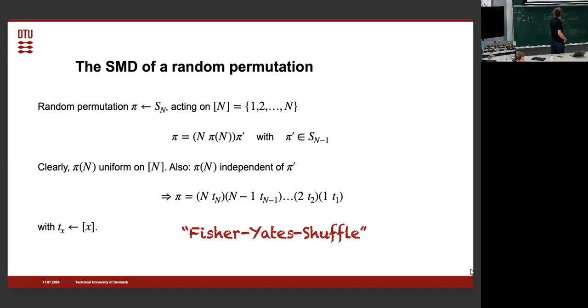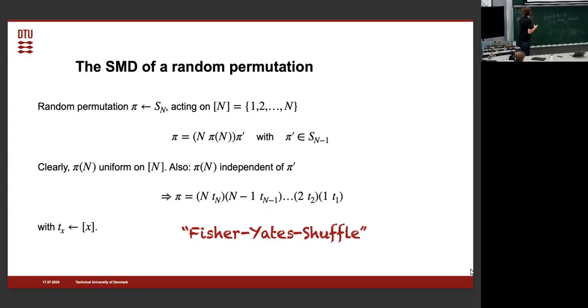And then for the pi prime part, it's possible that pi n lies in the range 1 up to n minus 1. Yes. The pi prime part starts to shuffle the numbers 1 up to n minus 1. So basically, pi prime decides the value pi of Tn, right?